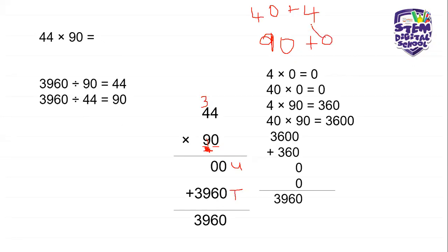Then we start saying this multiplied by this, and then this multiplied by this, and same here. So 4 times 0 is 0. 40 times 0 is 0. We're done. 4 times 90 is 360.